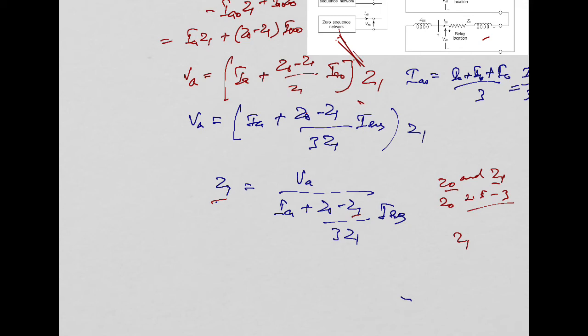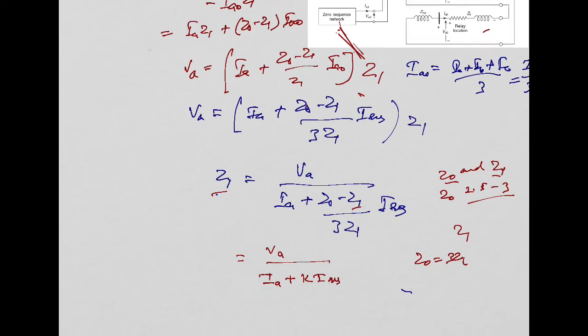Now in this scenario, let us assume that Z0 equals 3 Z1, and then the above equation becomes Z1 equals VA divided by IA plus K I residual.